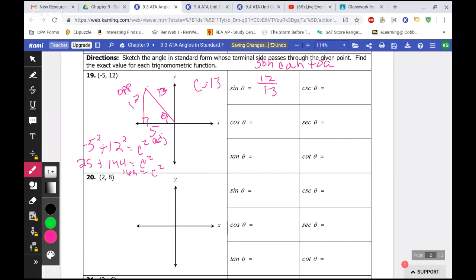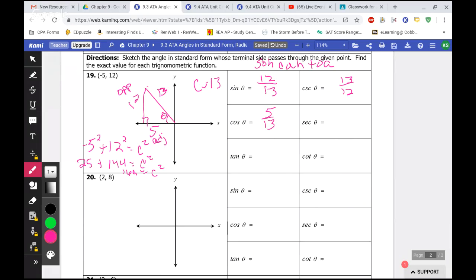Yes. And cosecant is the reciprocal of that, so 13 over 12. And cosine is adjacent over hypotenuse, which is going to be 5 over 13, right? Mm-hmm. Does that make sense? Yes, that makes sense.